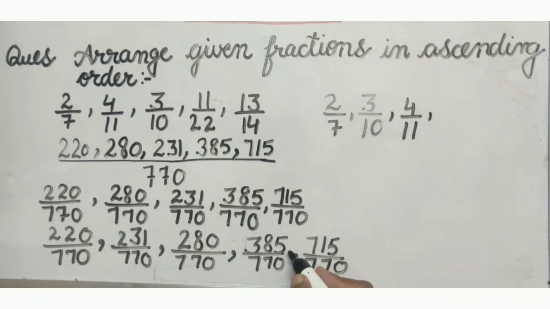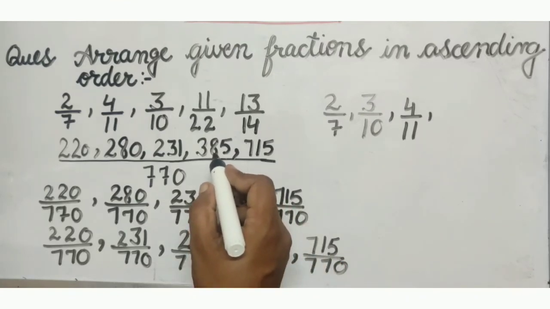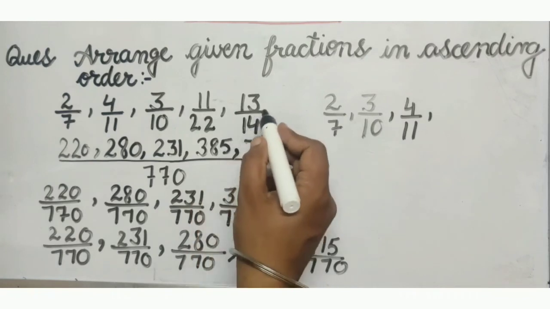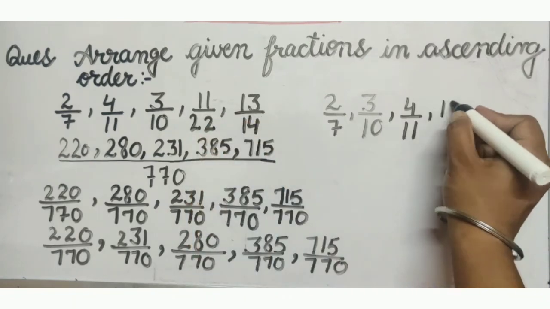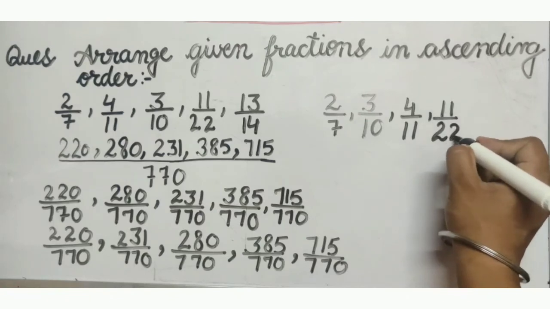Now the next fraction is, students, 385 by 770. We have to check the place of 385. 385 is the second last. So we will take the second last fraction, that is 11 by 22.